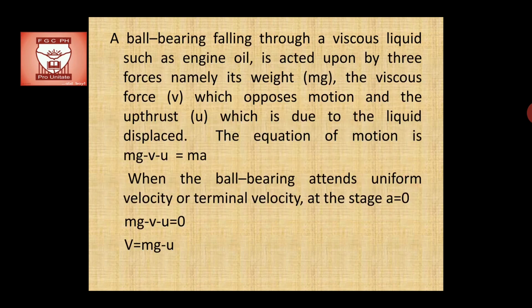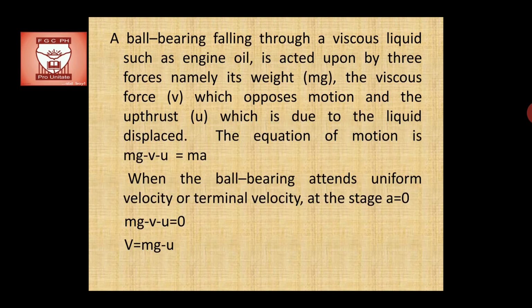A ball bearing falling through a viscous liquid, such as engine oil, is acted upon by 3 forces, namely its weight, that's mg, the viscous force, that is V, which opposes motion, and the upthrust, U, which is due to the liquid displaced. The equation of motion is given by mg minus V minus U equals ma.